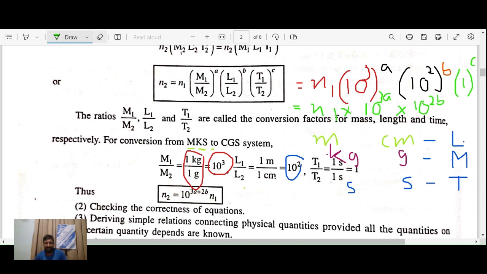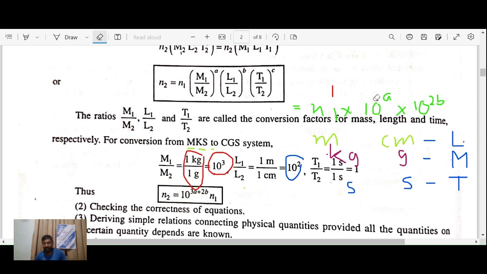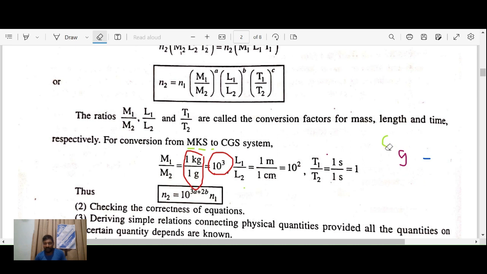It's very clear. The second application of dimensional analysis is checking the correctness of the equation. Now let's see. We have seen lots of equations in maths as well as in physics.